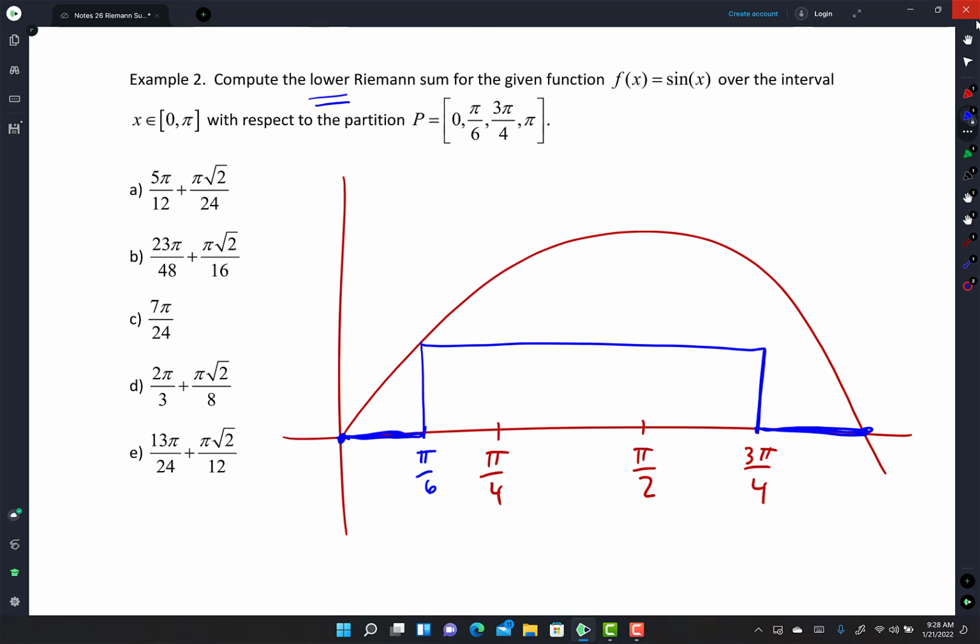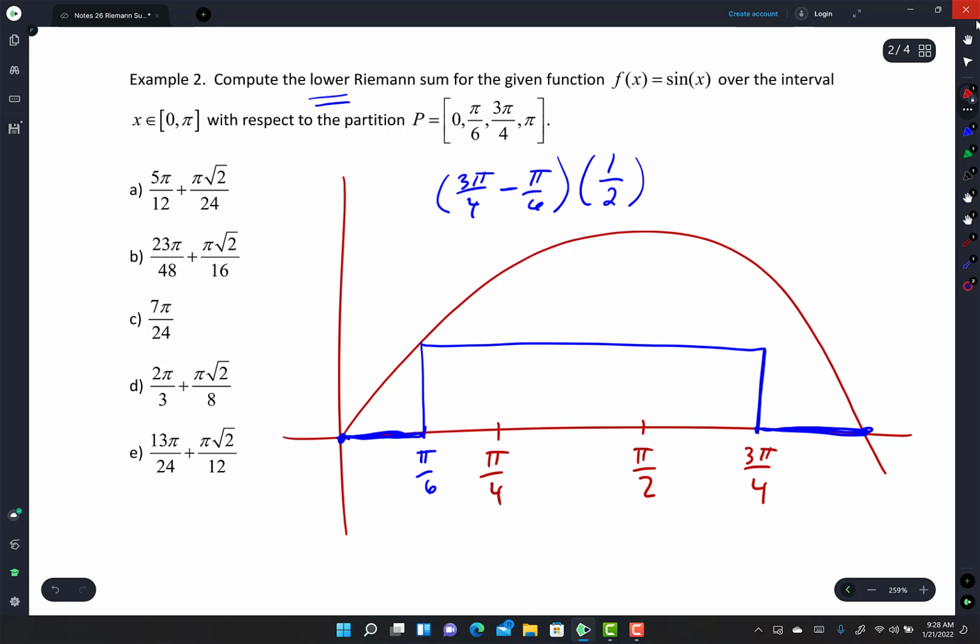So let's see what that rectangle is. The width is 3 pi over 4 minus pi over 6. We'll calculate that in a little bit. And the height, we're using pi over 6. What is sine of pi over 6? Do you guys remember? 1/2. So we're going to have to find a common denominator.